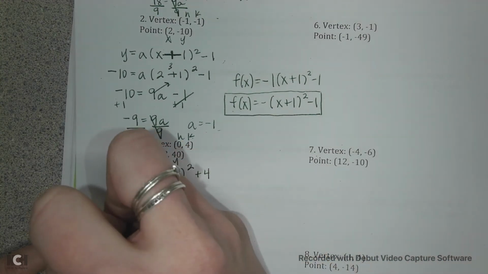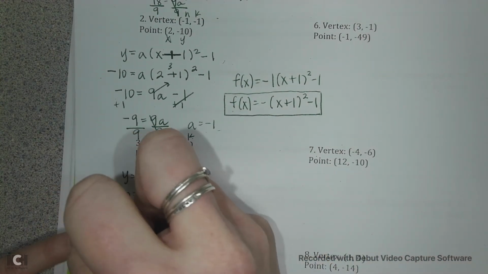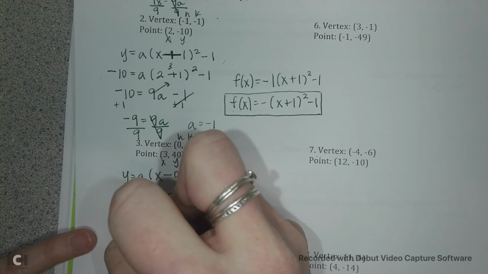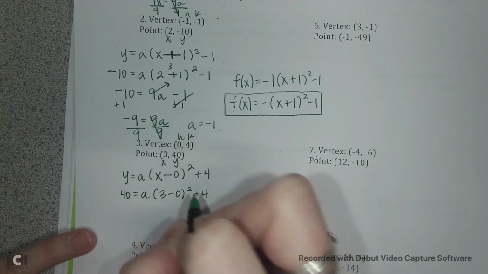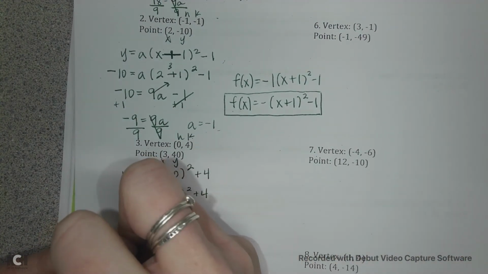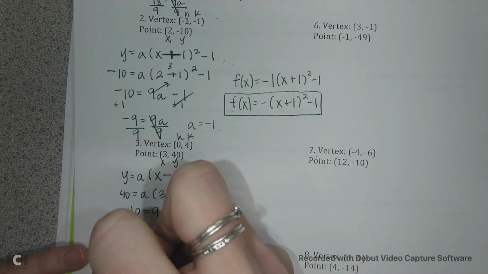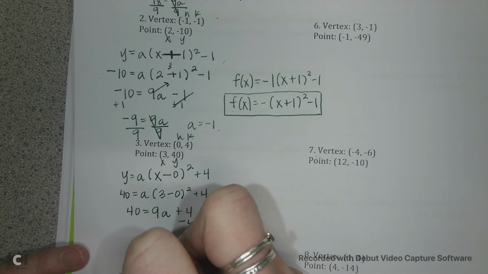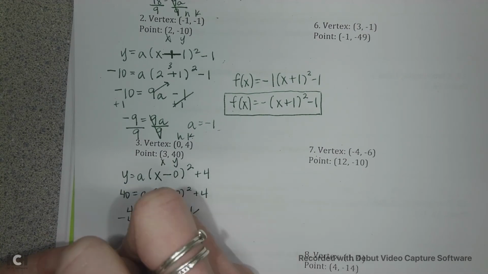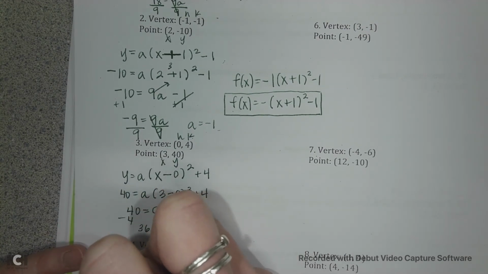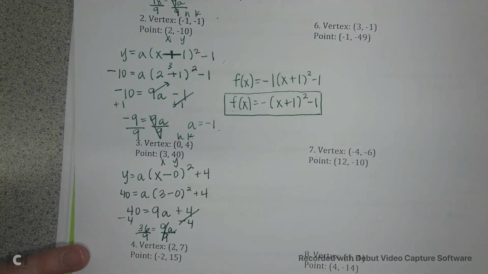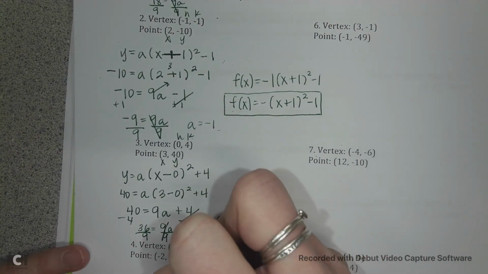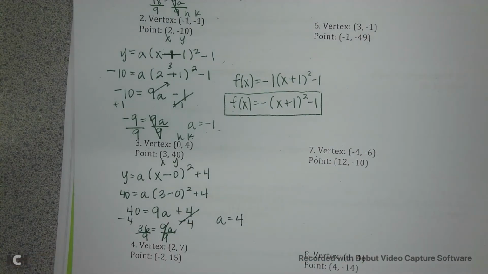So our y value is 40, and our x value is 3. Wow, 3 squared is 9. 40 equals 9a plus 4. Okay, solve for a, so we're going to subtract 4 from each side. We have 36 equals 9a. Divide each side by 9, and we get a equals 4.